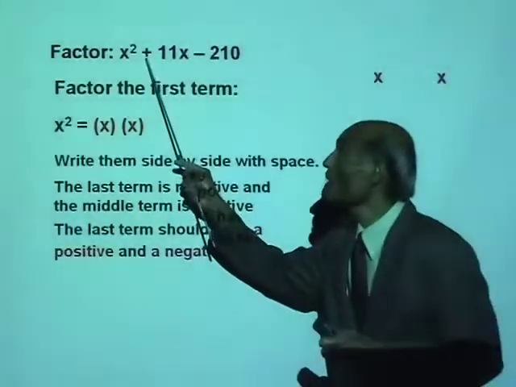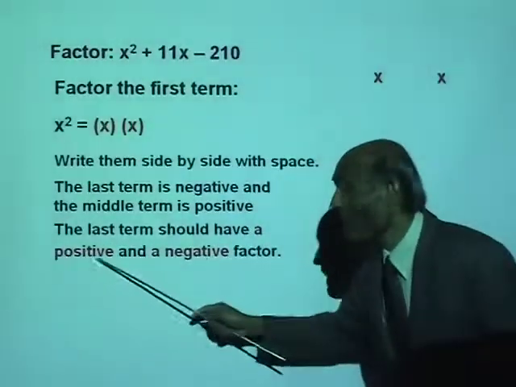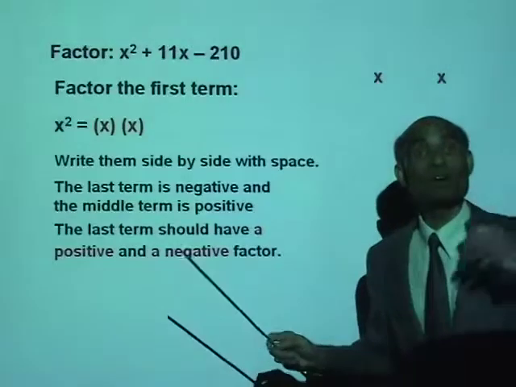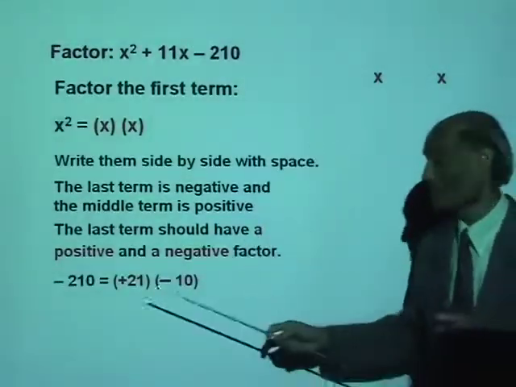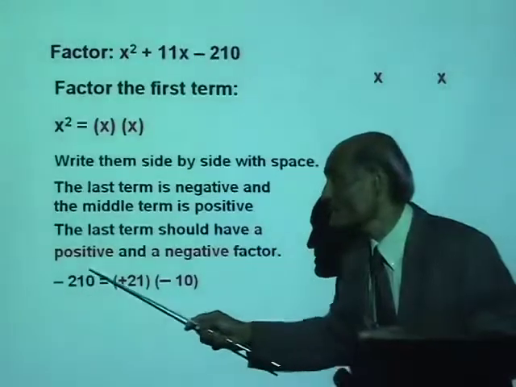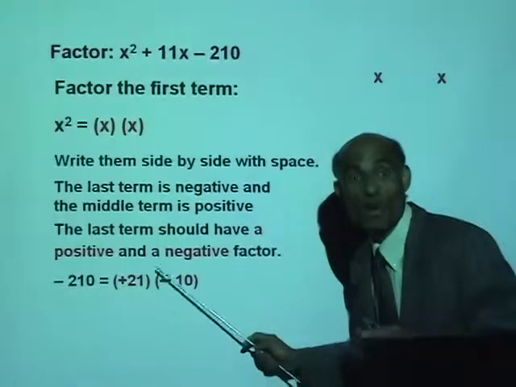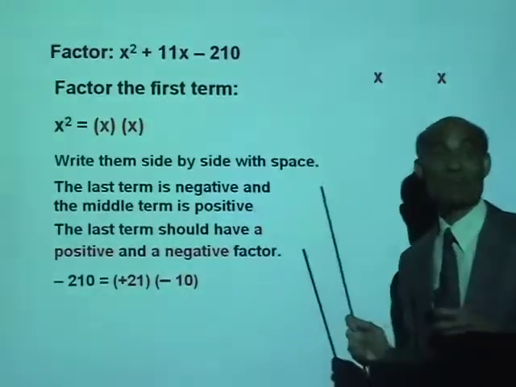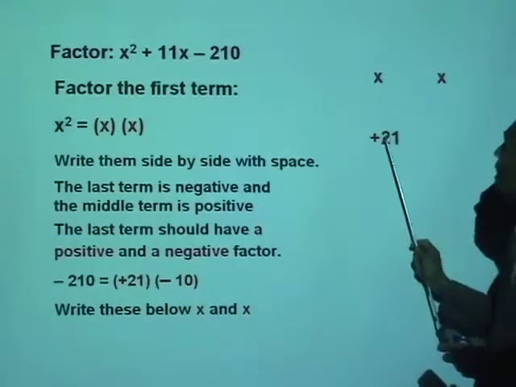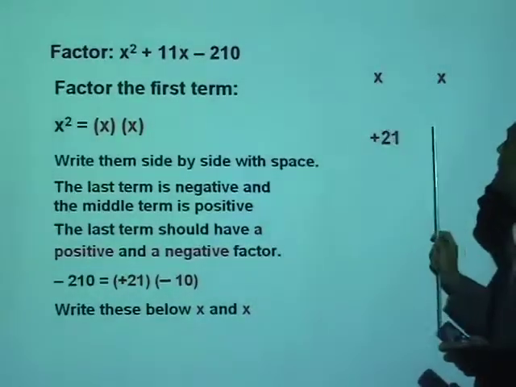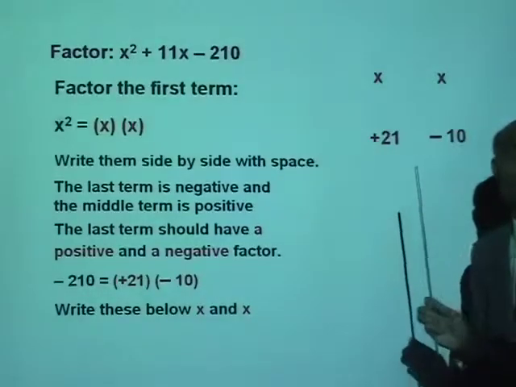And because the middle term is positive, the positive factor must be the bigger number and the negative factor must be the smaller number. So we have negative 210 equal to positive 21 times negative 10. Now write positive 21 below one x and negative 10 below the other x.